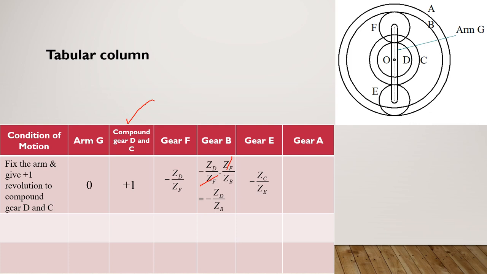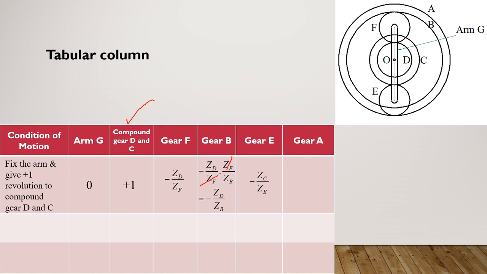Last one, gear A. Gear A is in mesh with E, and E is in mesh with C. So the movement starts from C, is transferred to E, and then transferred to A. So here there are three gears and two pairs, and each pair has to be taken at a time.